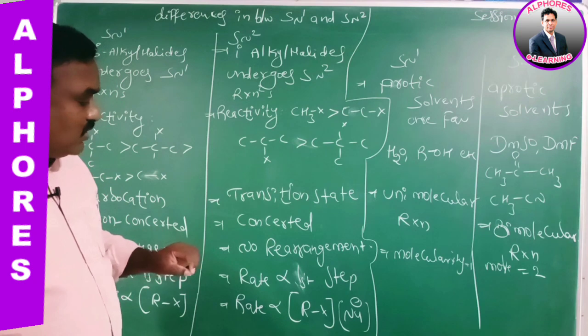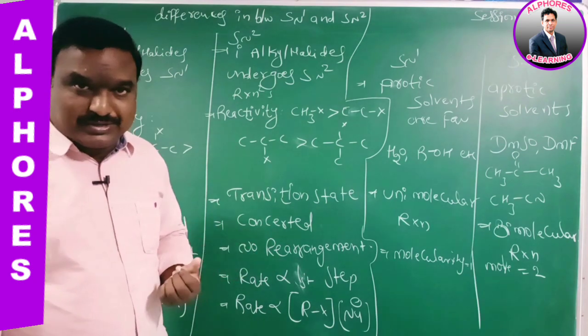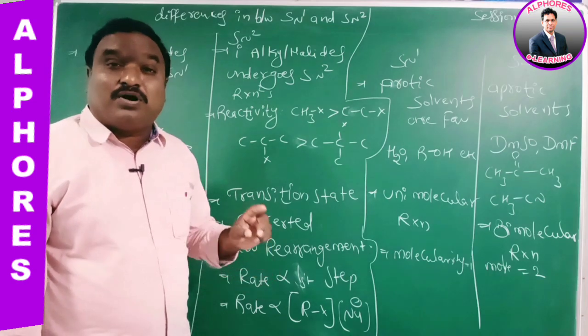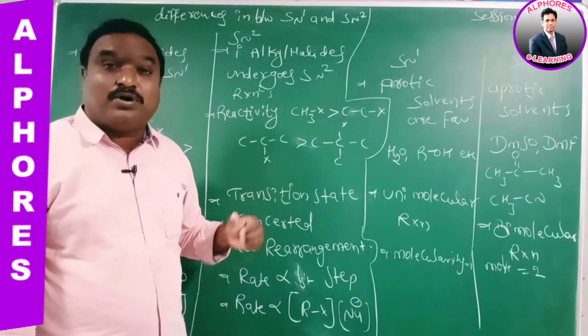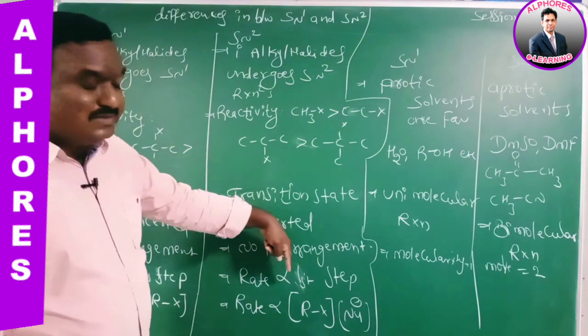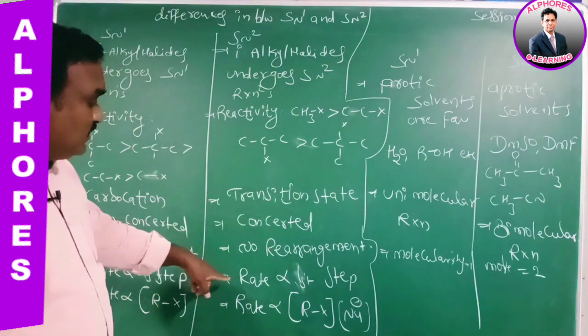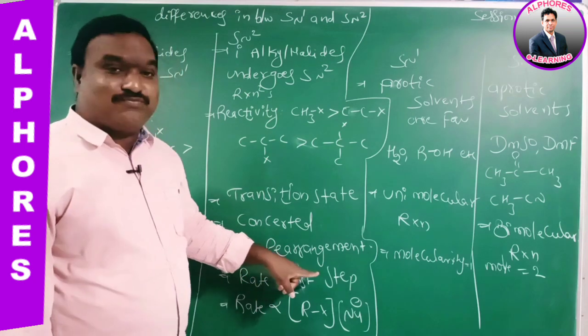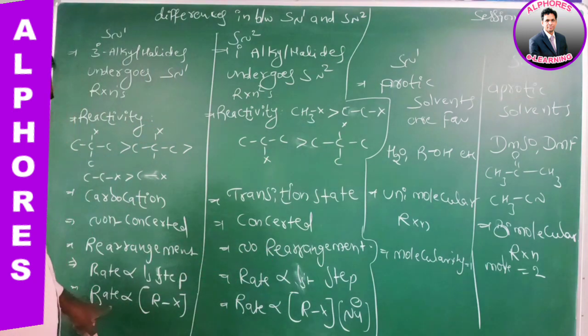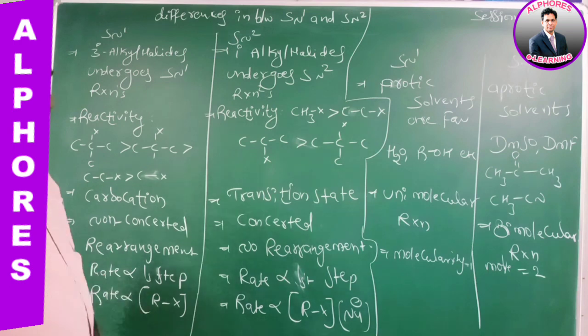That's why the rate mainly depends on the first step only. Again, the first step is a bond breaking and bond making step. The rate is directly proportional to the first step in this case.